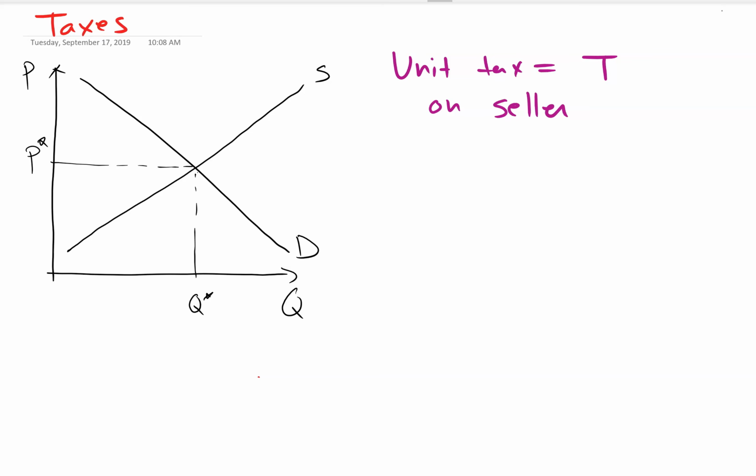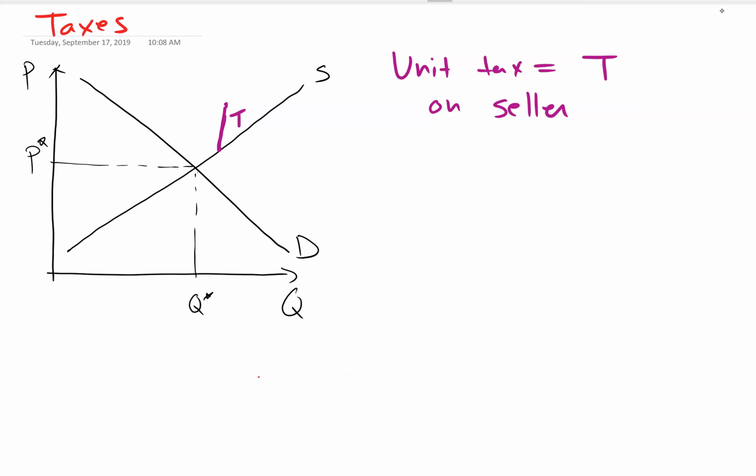The supply line showed how much the company wanted to receive before, and now they have to pay this extra tax. So in order to receive the same amount as before, they have to charge the customer more. This height here is just the tax, the unit tax. It shifts their whole supply curve. The supply curve shows their willingness to sell, and now they're only willing to sell if you cover their marginal cost and also pay for the tax.